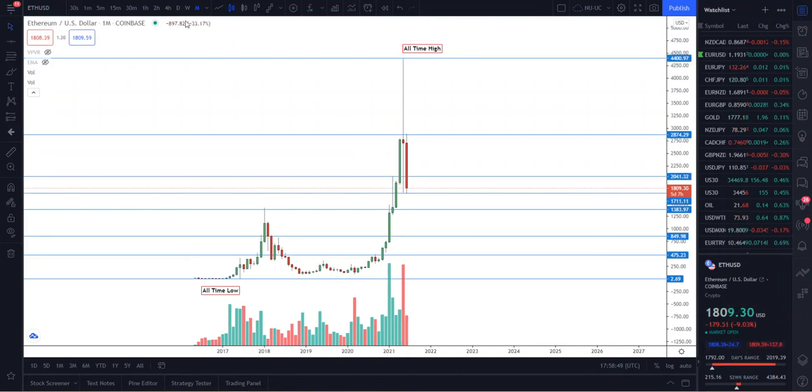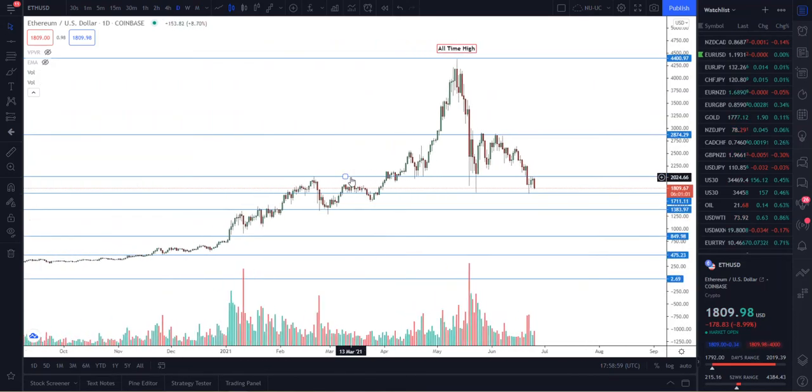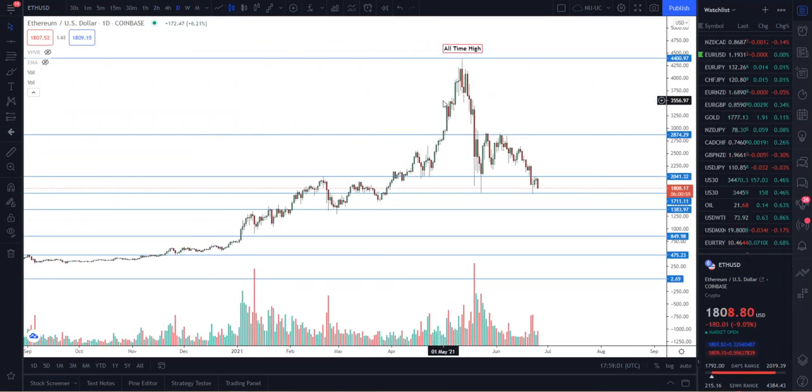That's me personally. So now that everything is clear on the monthly, I'll go and apply the principle I just taught you on the daily to identify what's going on. I'll only mark higher highs and higher lows on my key levels, such that I understand exactly what the price is doing, what structure the price is forming.